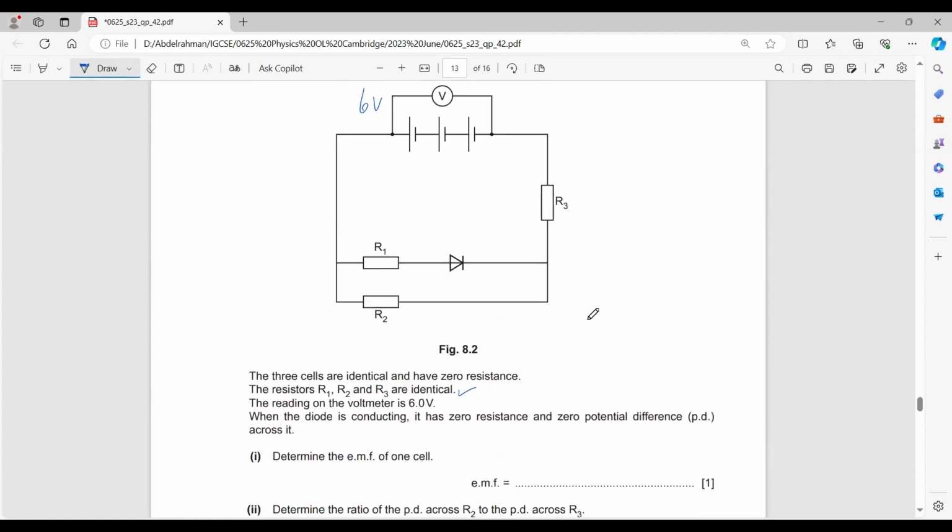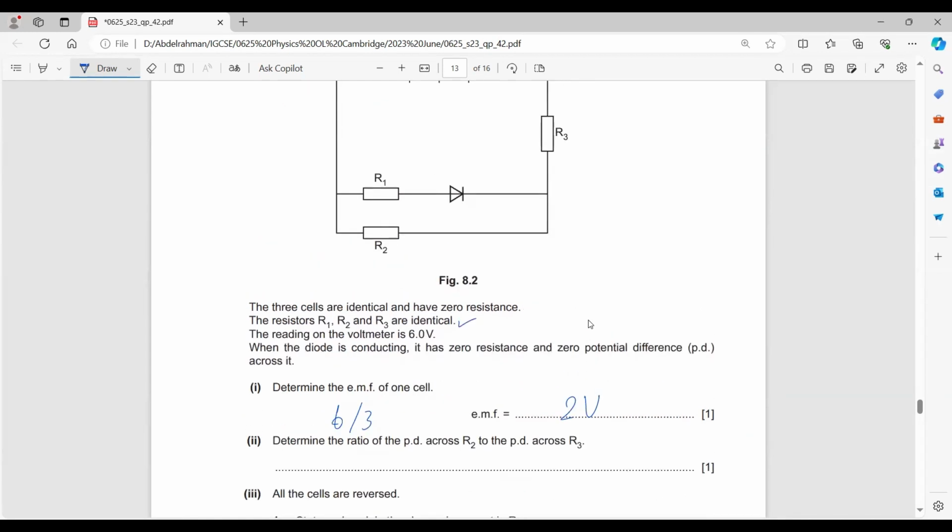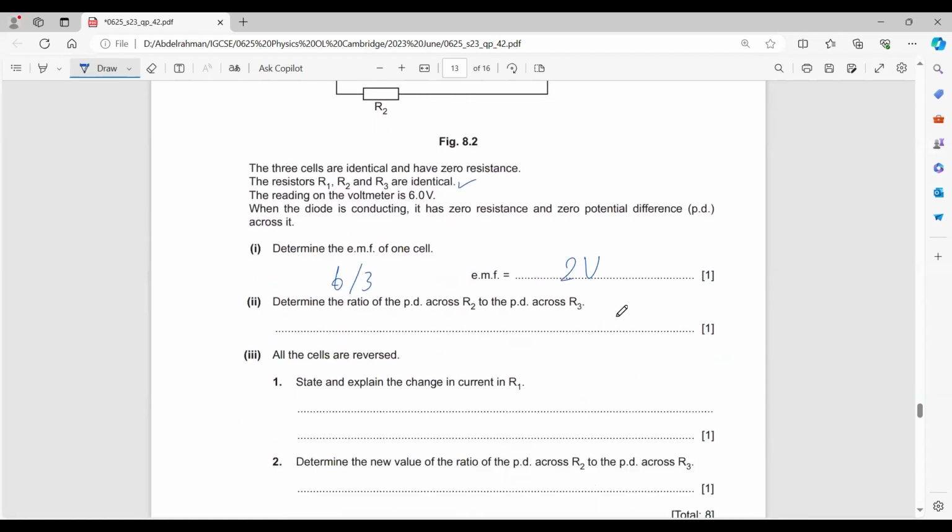That's easy: 6 divided by 3, so 2 volts. Determine the ratio of the potential difference across R2 to the potential difference across R3.